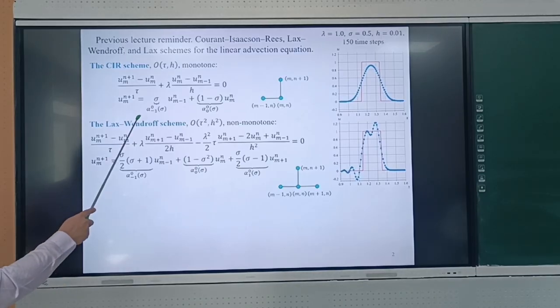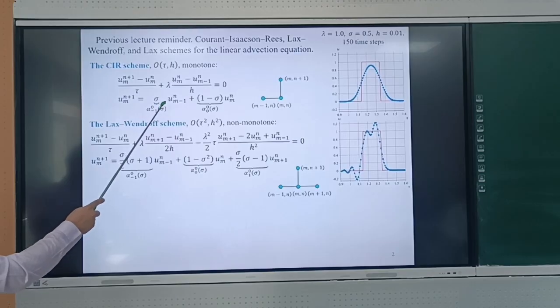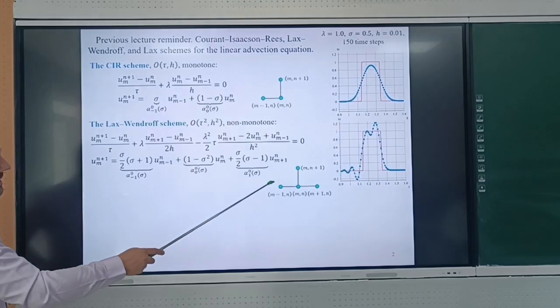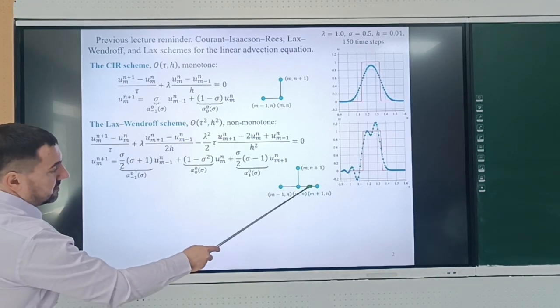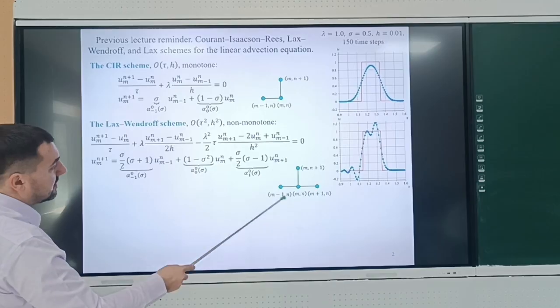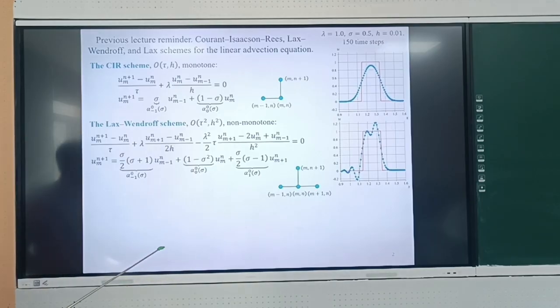These coefficients do not depend on u, only on the Courant number. And this is the stencil for the Lax-Wendroff scheme. The stencil now includes the m+1 endpoint, so it's the biggest stencil, a 4-point stencil.